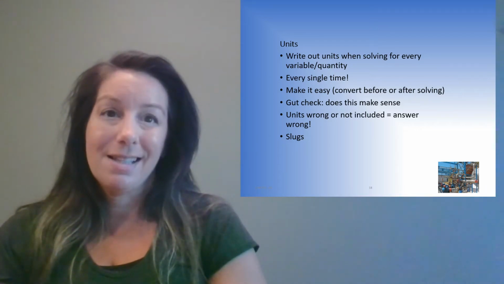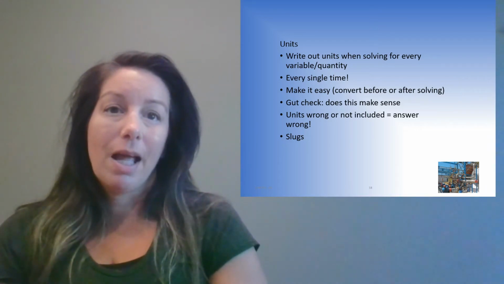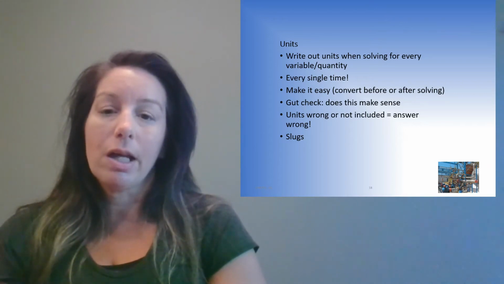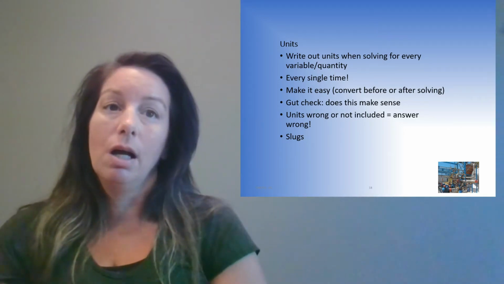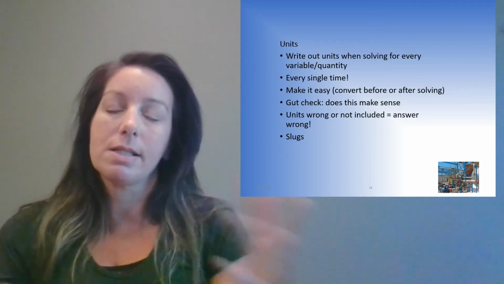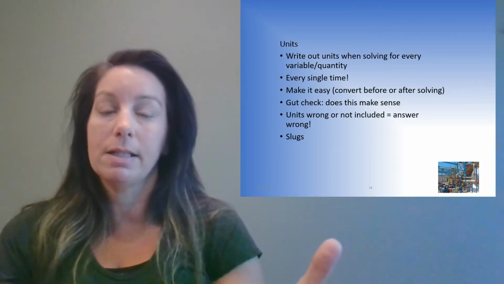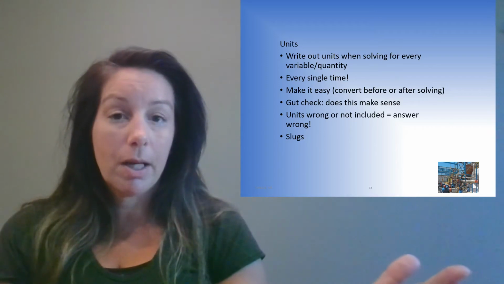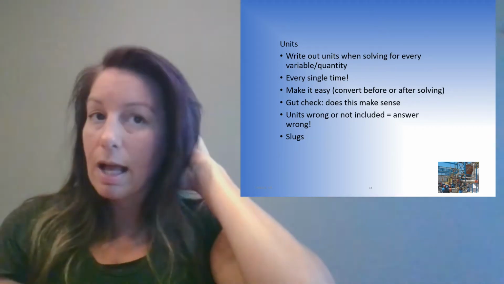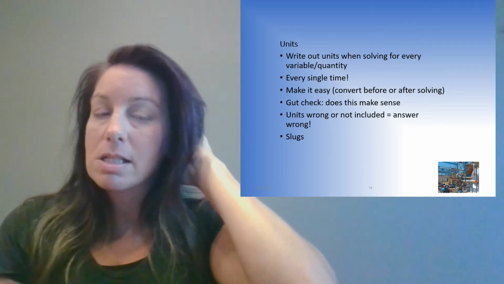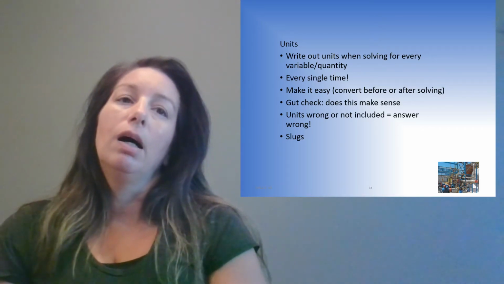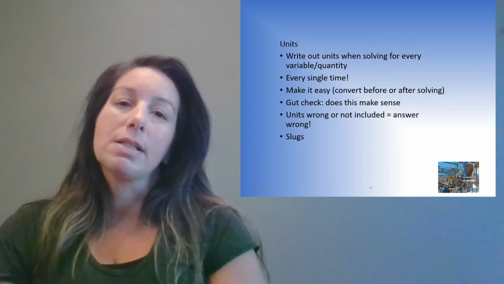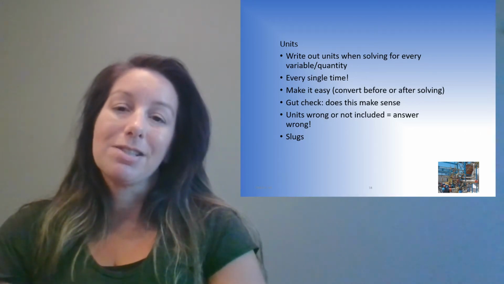If you carry the units throughout the whole calculation, and this is the same for all your courses, if the units come out as expected, newtons per cubic meter per se, then it's a good chance the answer is right. If the units come out wrong, then most likely your answer is wrong, okay?